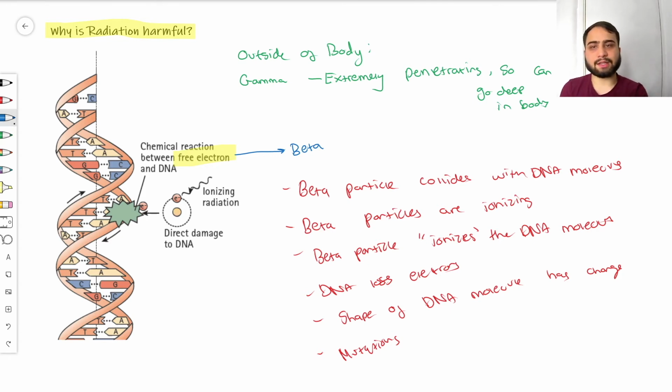But then it's beta particles, because they're moderately penetrating. Then it's alpha. That's because they're not very penetrating at all.